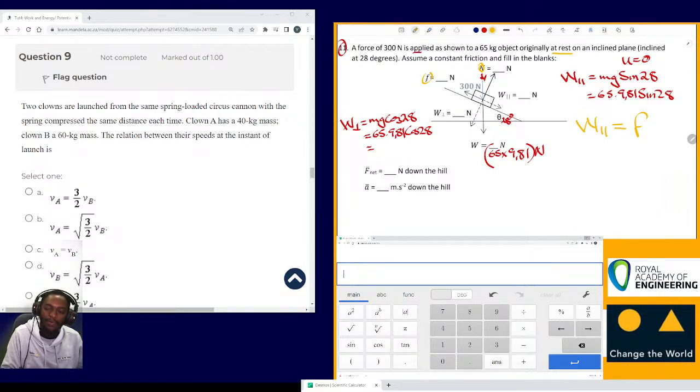That is what we did earlier on: if an object is on a slope with no other force being applied and is stationary, the component of the weight down the slope is equal to the frictional force. So our frictional force is equal to mg sine 28.